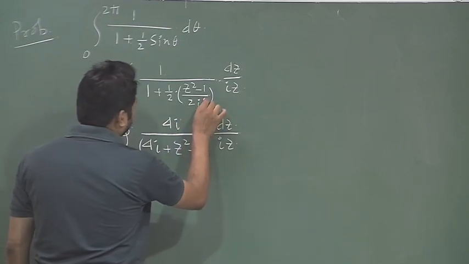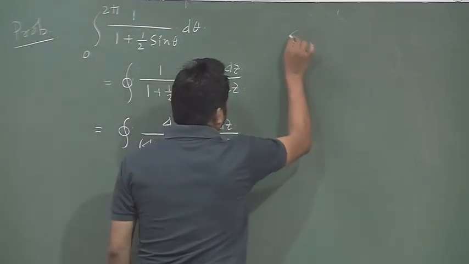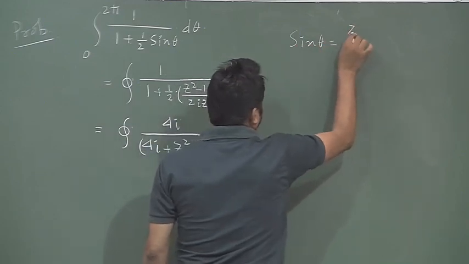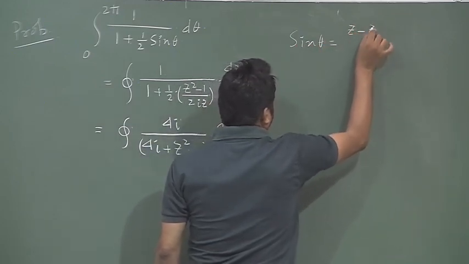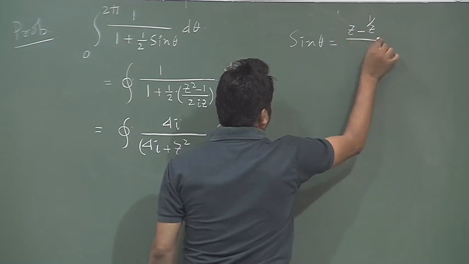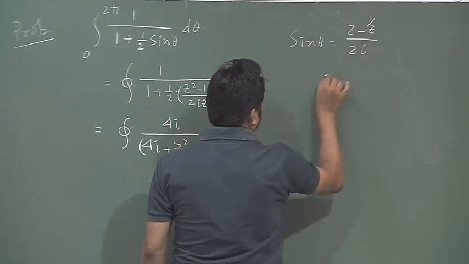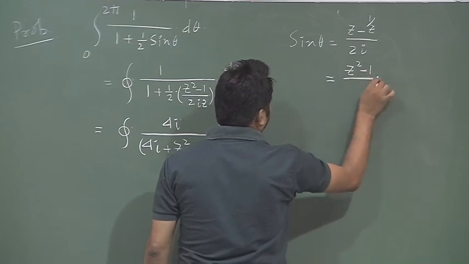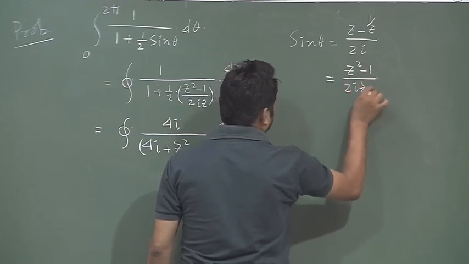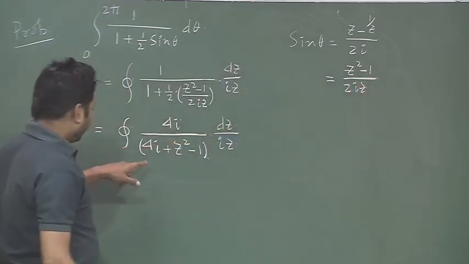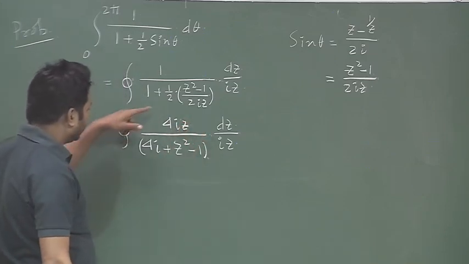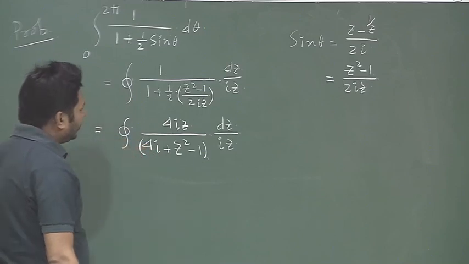So, let me write it once again, sin theta was z minus 1 by z divided by 2i. So, it was z square minus 1 divided by 2i z. So, it should be 2i z, then it will be 4i z. I should be careful about these things, because otherwise my result will be completely different.